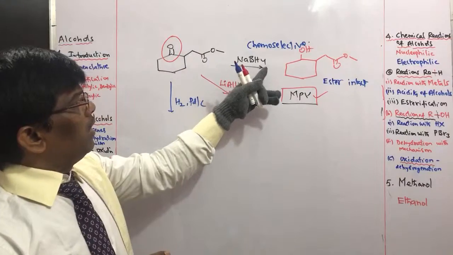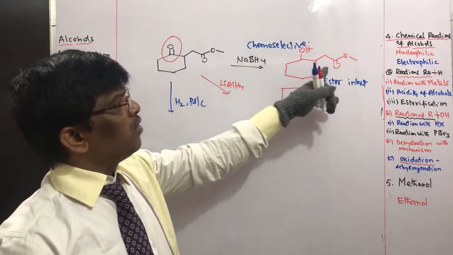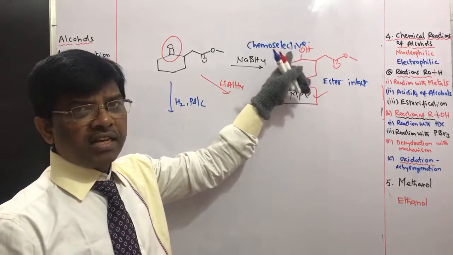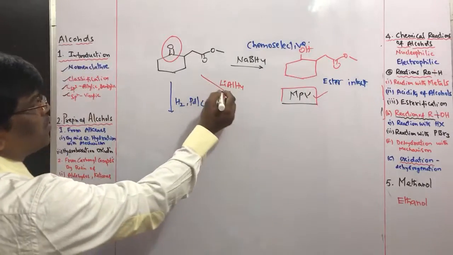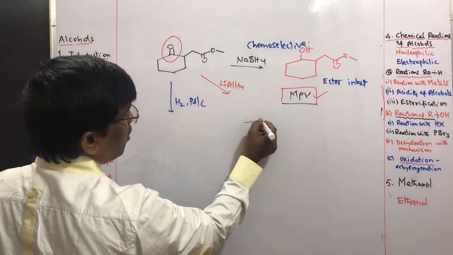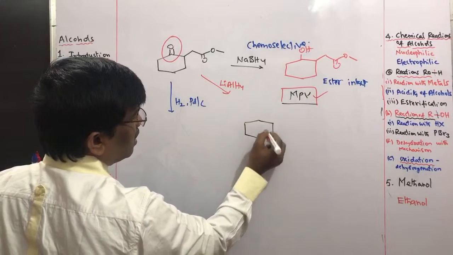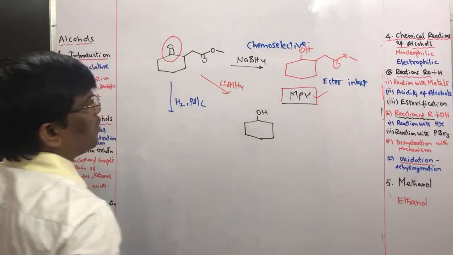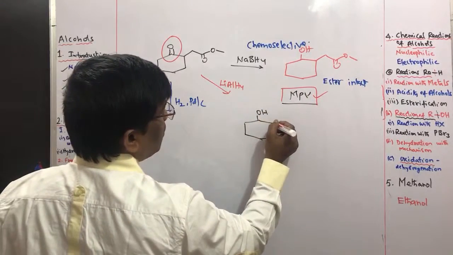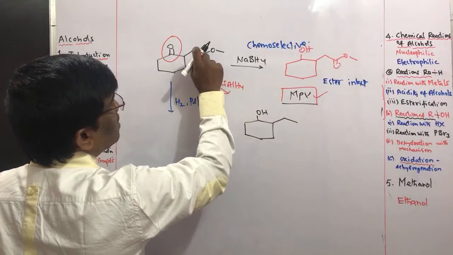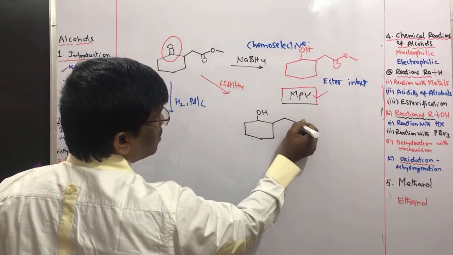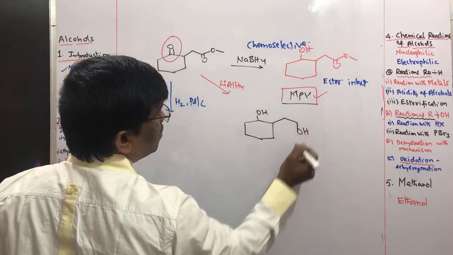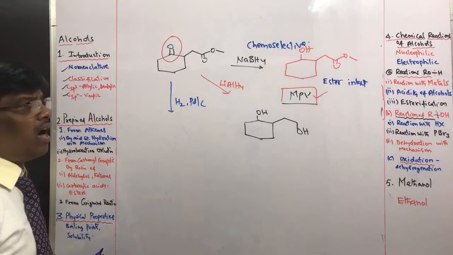If I use sodium borohydride, it is going to reduce only the ketone to alcohol, chemoselectively. When it comes to lithium aluminum hydride, what is the product? The carbonyl compound is going to be reduced, and at the same time this ester also is going to be reduced to give this alcohol.